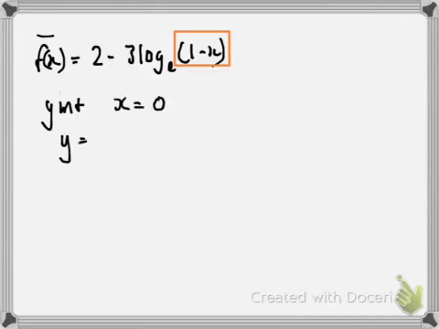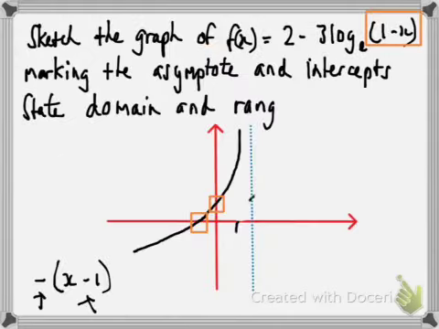So y equals 2 minus log e, 1 to the base e, because 1 minus 0 is 1. So that's going to be y equals 2, because log 1 to the base e is 0. Okay, so back on our rough sketch, that y-intercept is 2, and that fits in with what we've got already.